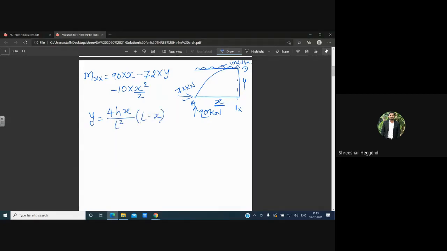Using this equation, you can substitute in this one. We'll get only one unknown, that is the x value, if you know the remaining values.